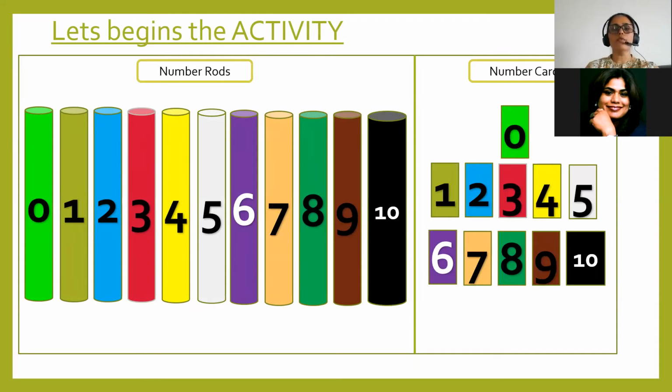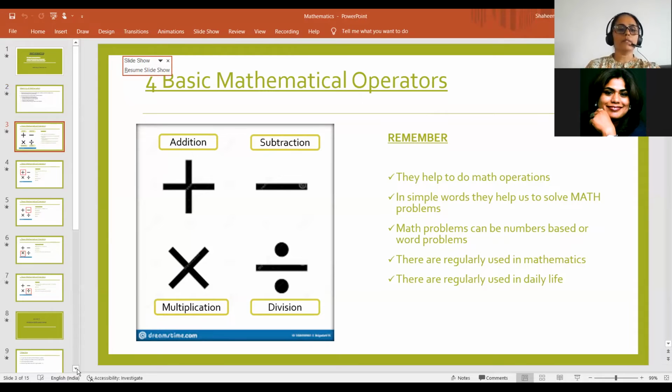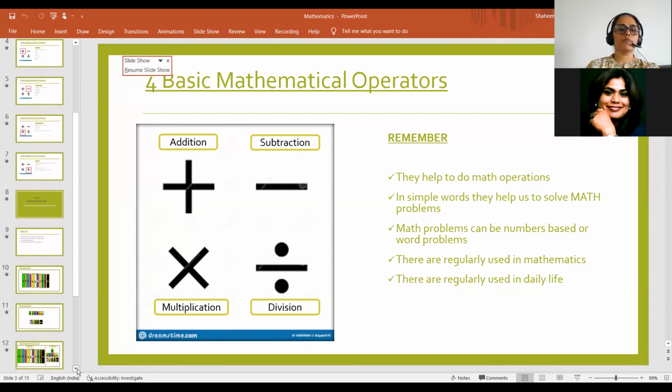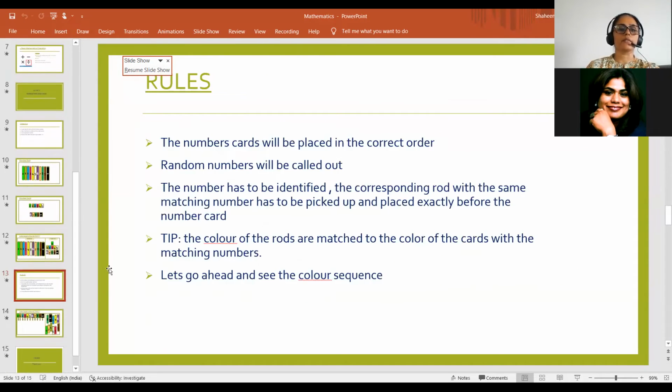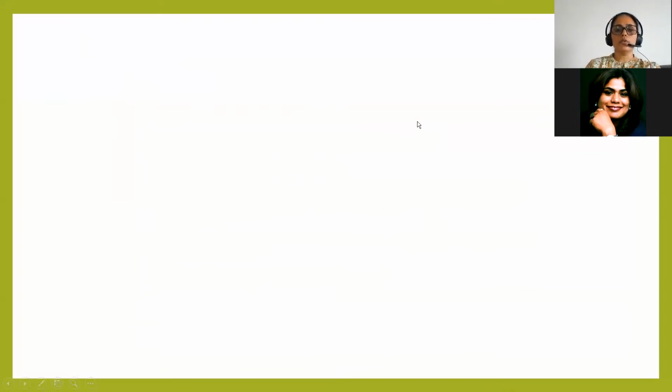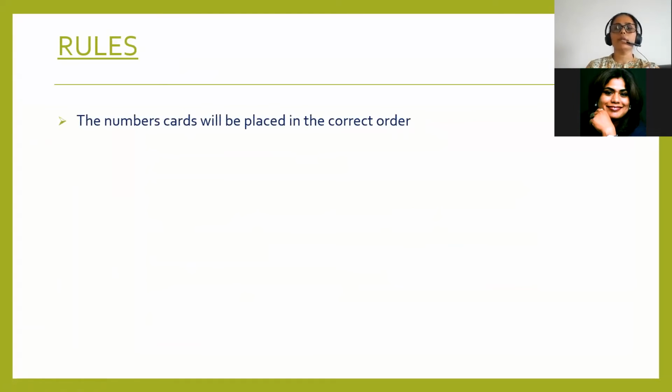Now, as we move ahead, I will put up some rules and regulations I've put up for this particular exercise. These are the rules and regulations. What are the rules for this particular activity or the game that we can call? Let's all enjoy this particular game.